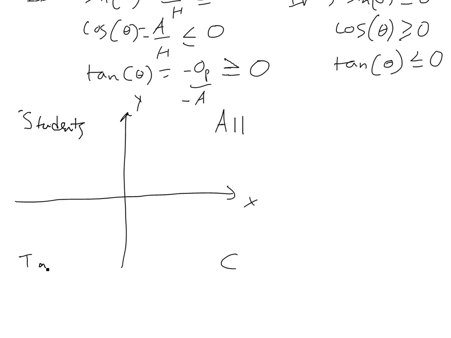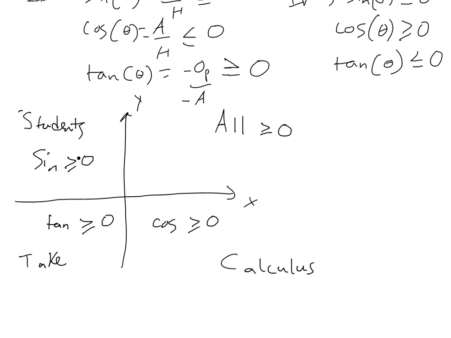So here only sine is positive, here only tan is greater than or equal to 0, here only cosine is positive, and here all of them are greater than or equal to 0.